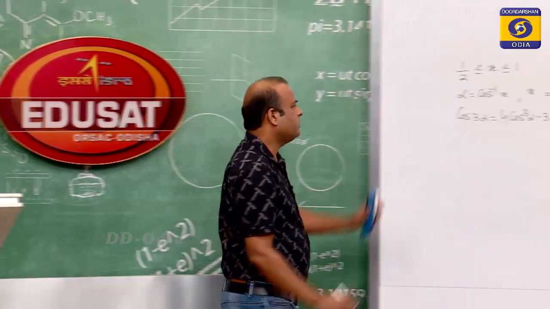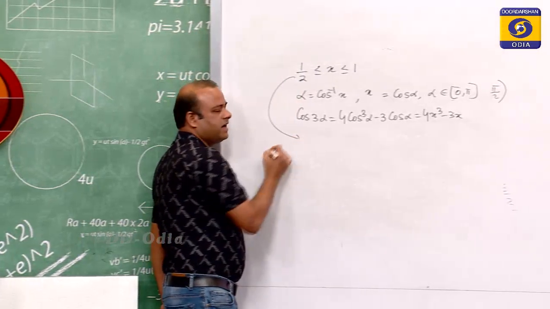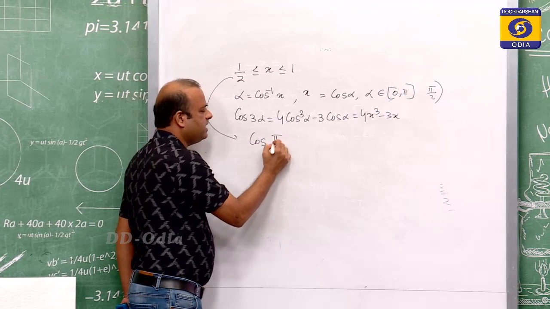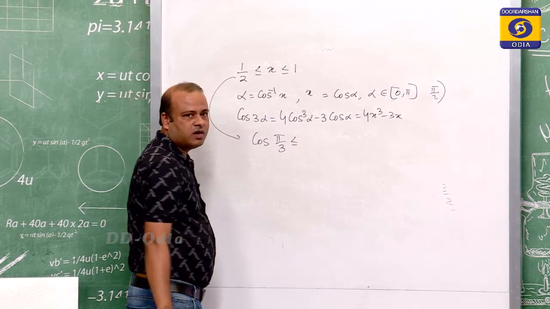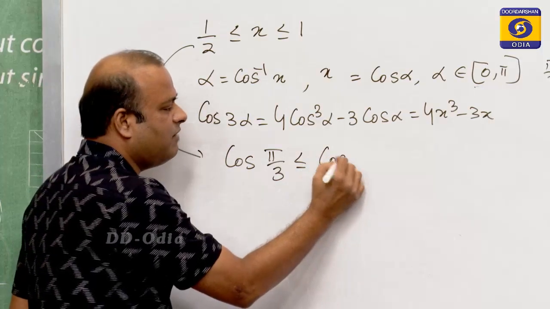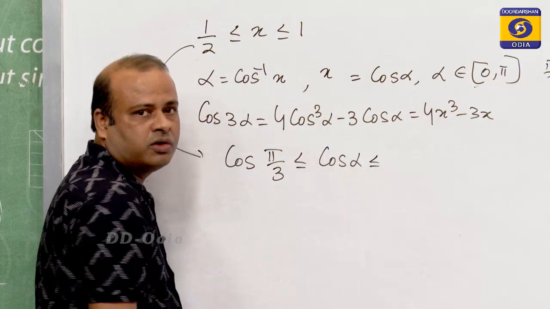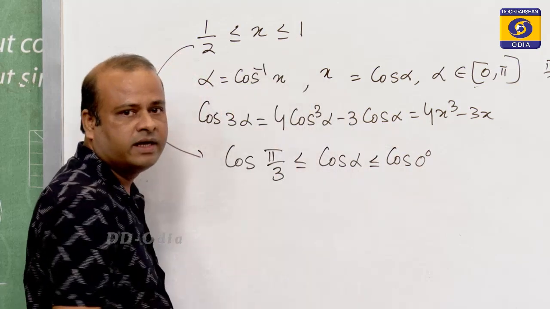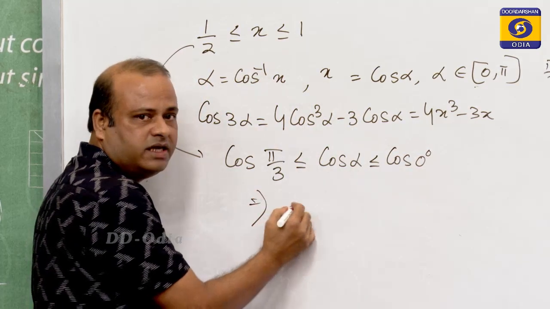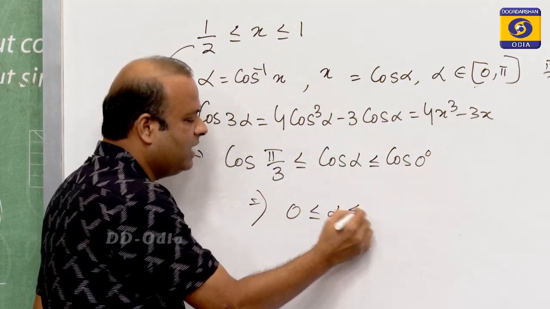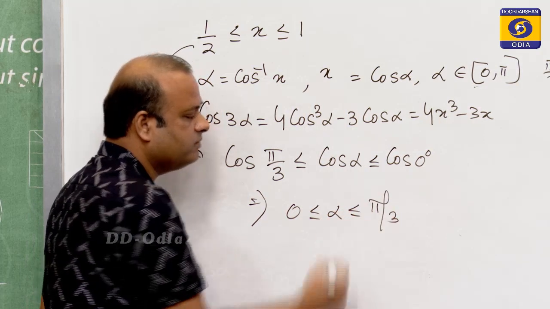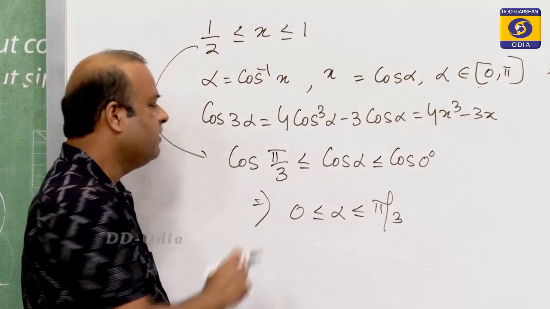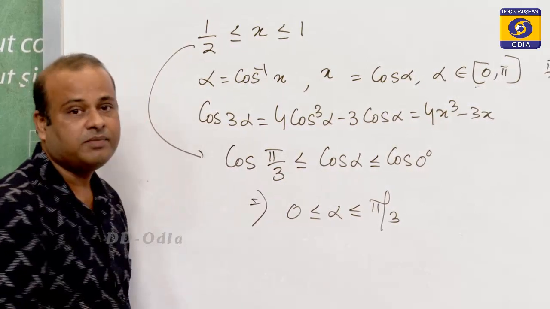If you take this case, write for 1 by 2, cos pi by 3, that is 60 degrees, less than or equal to x, which is your cos alpha, less than or equal to cos 0 degrees, which is 1. So this implies 0 less than or equal to alpha less than or equal to pi by 3. Alpha lies between 0 and pi by 3 because cos is a decreasing function.